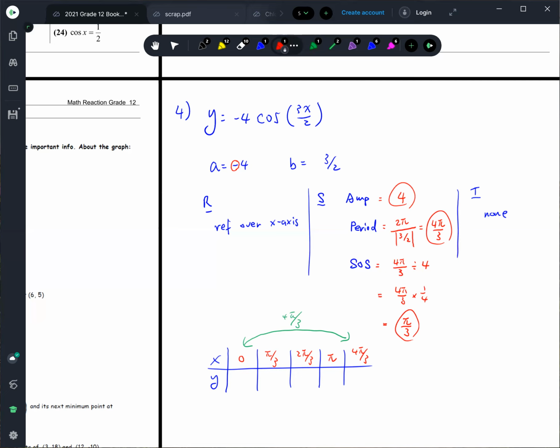Okay, you need to multiply the original cosine points by the A. The basic values for cosine. So do you know the y values for cosine for the basic? Okay, what's the first y value for cosine?